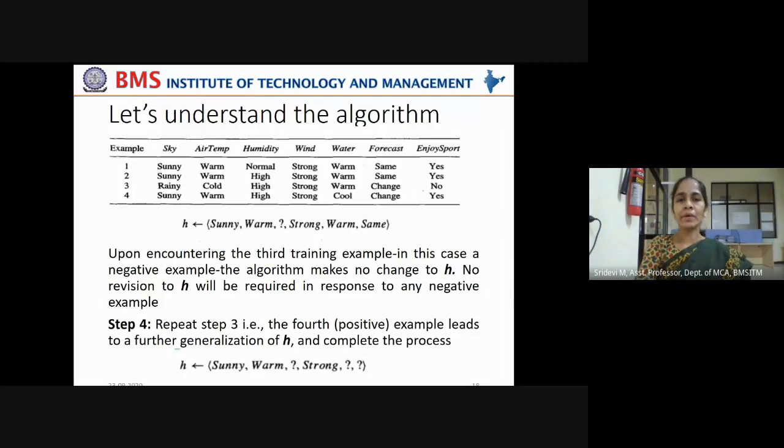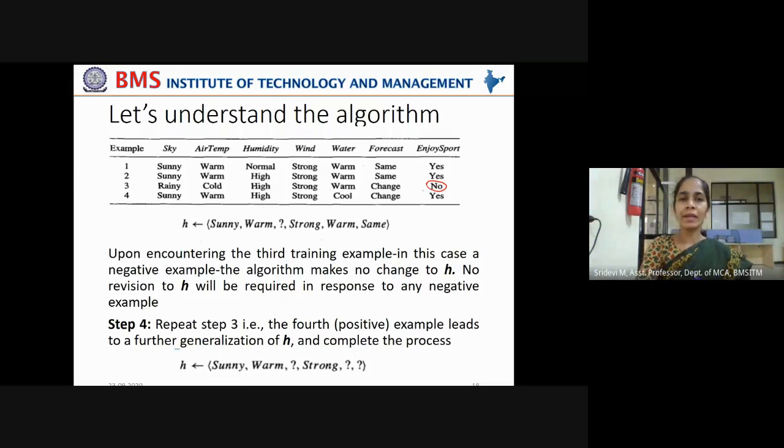In the next step, there is a negative example, meaning you're not interested in this example. The machine learning model is not interested in negative examples, because the algorithm is always interested in concept learning, which is the positive example. So it is not interested in any of the negative examples.